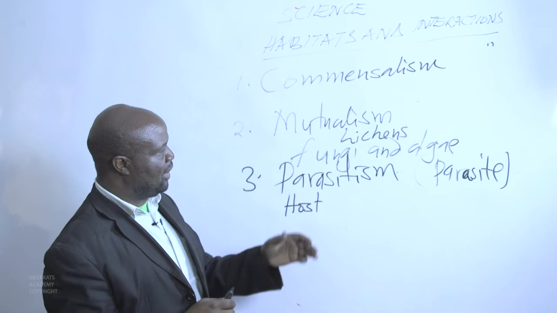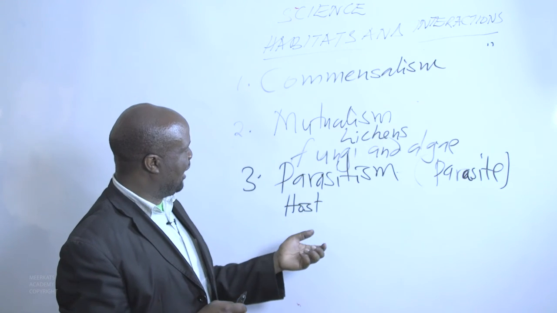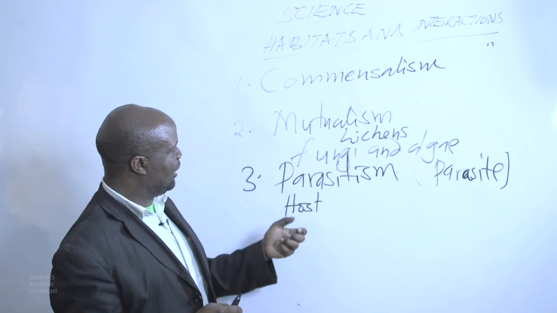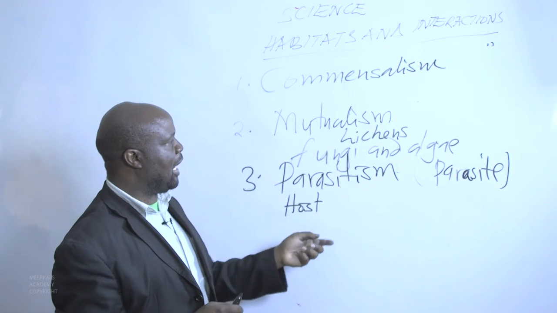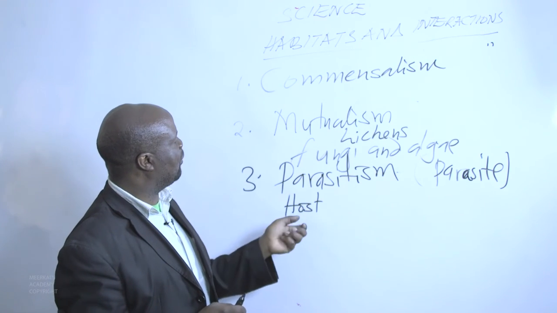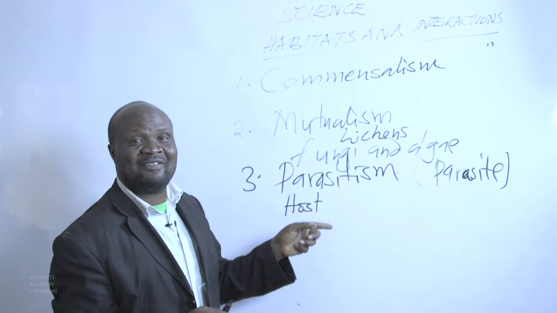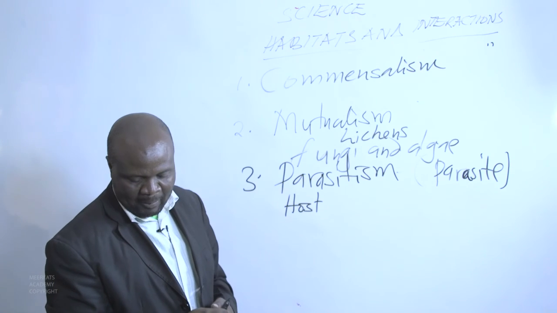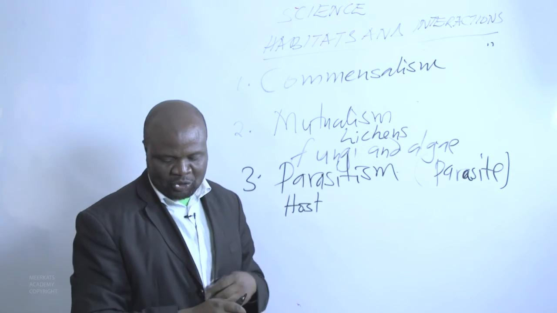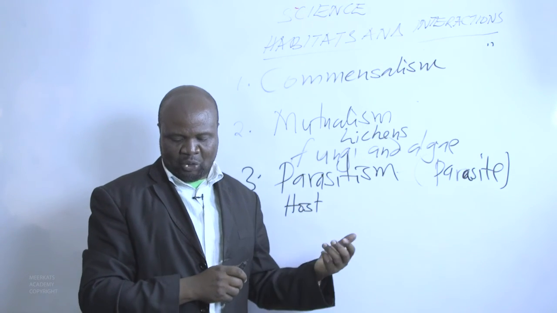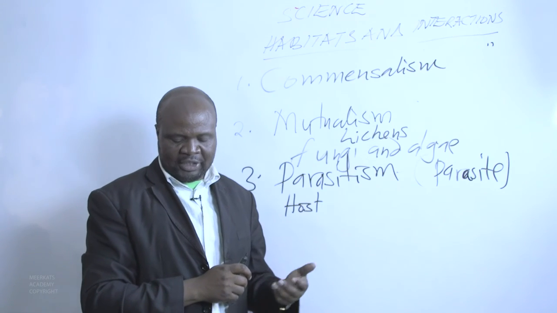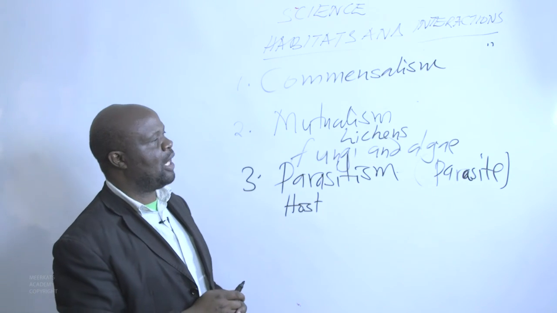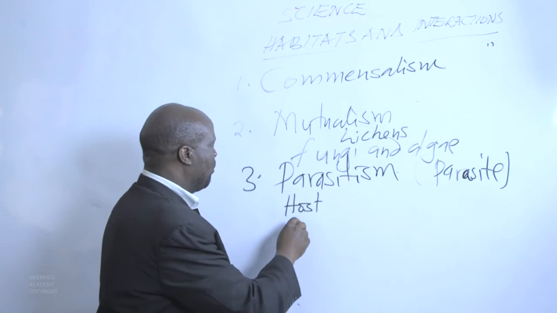The parasite can depend on the host, live with the host, eat on the host, and it can go to the extent whereby it can even kill the host organism. So the parasites obtain food and shelter from its host and may even kill the host in return. We can give an appropriate example, maybe the worms.